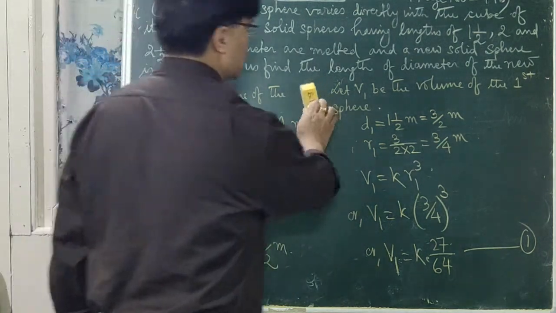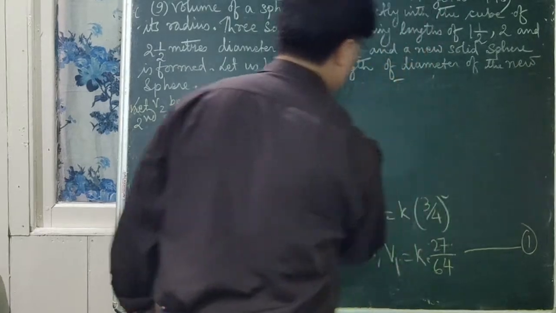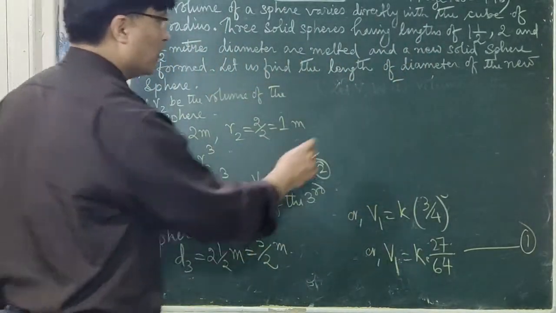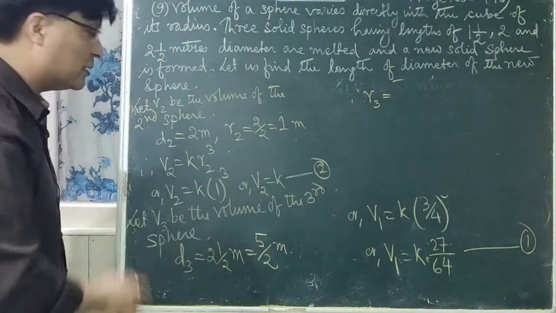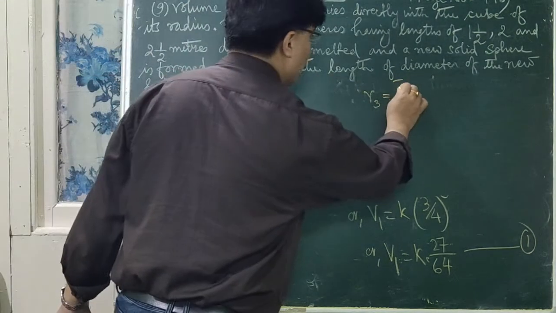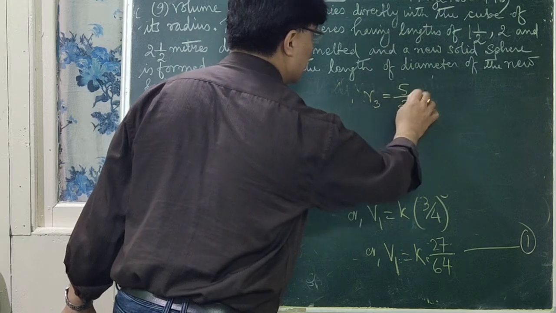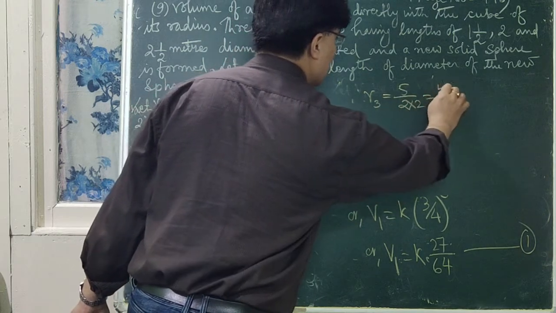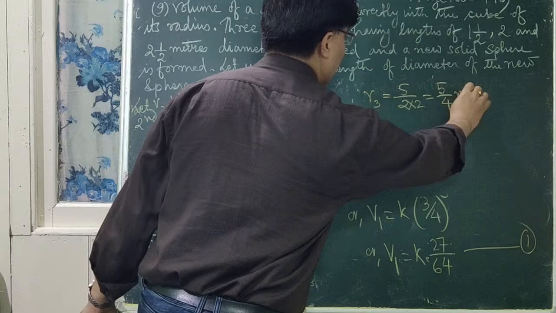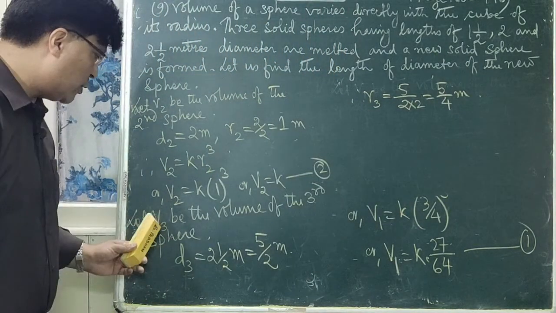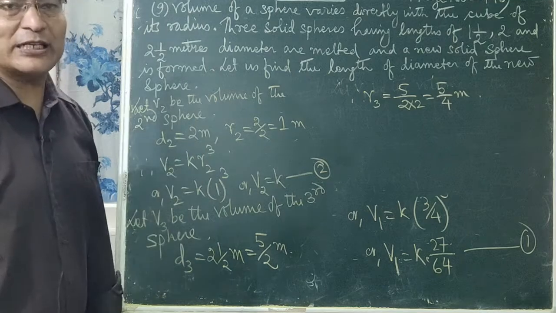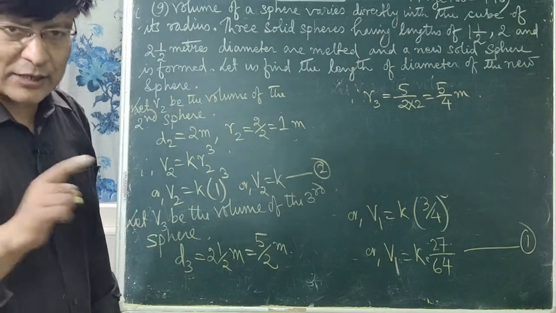Now what is its radius? Let us find out R3. So R3 is equal to half of the diameter D3. That is 5 by 2 divided by 2, which is equal to 5 by 4 meter. Is that clear to all of you? So what is the relation between the volume V3 and the radius R3?